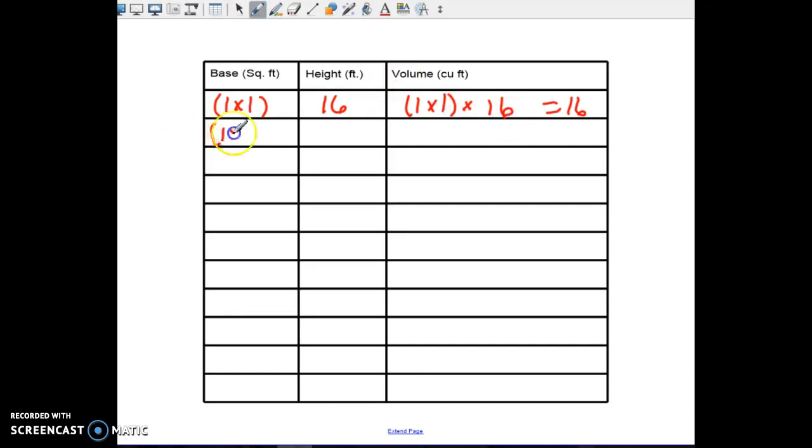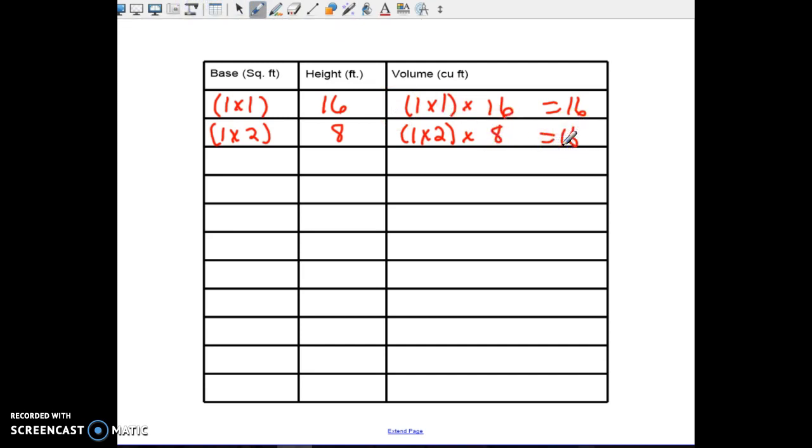Now what if I do 1 times 2? What is that? 2. And 2 times what is 16? 8. So this one's going to look like 1 times 2 times 8, and that's going to equal 16.